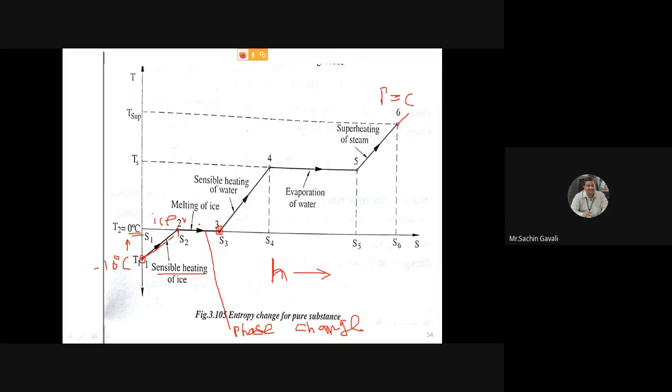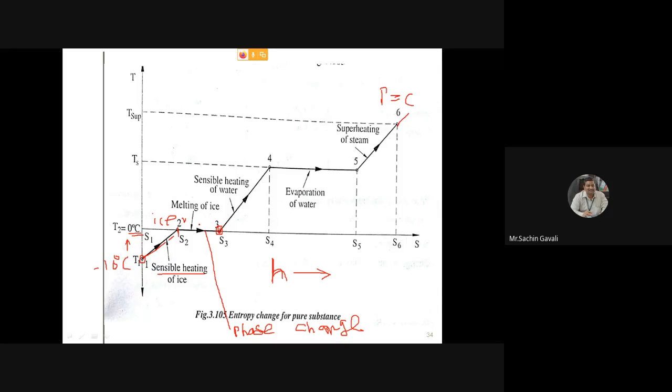Latent heat: amount of heat which is utilized for phase change of a substance, in bracket, maintaining temperature constant.